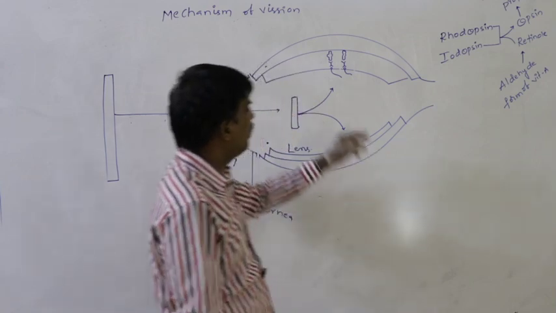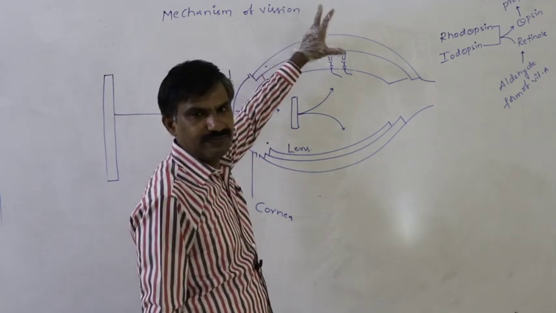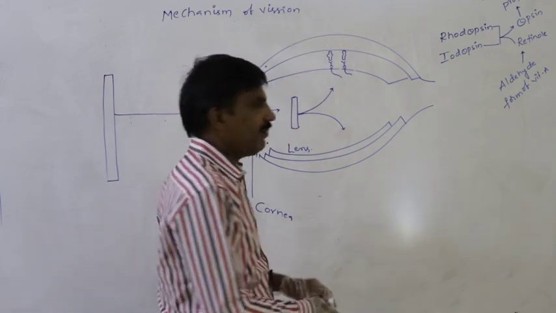By that way, the photoreceptor cell becomes elongated.